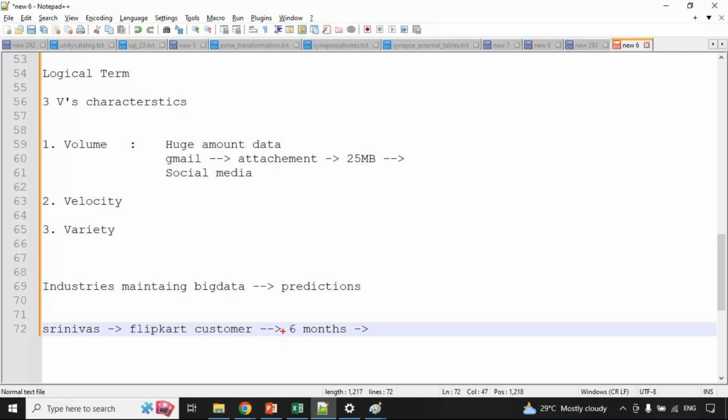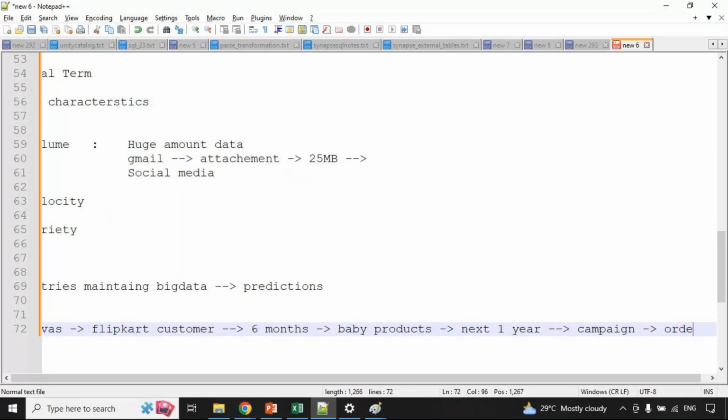By observing my last 6 months of data, they can see I purchase more baby products. So they can predict that next year also I can spend more on baby products, so they run a campaign and I get offers accordingly.